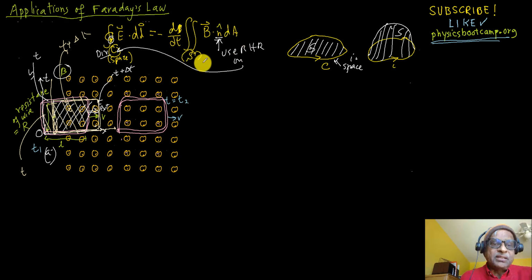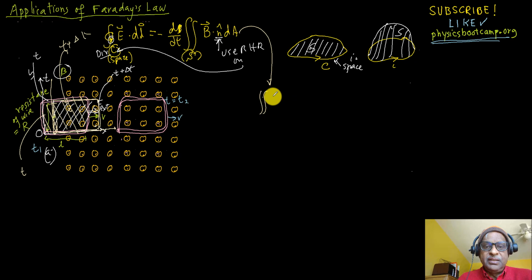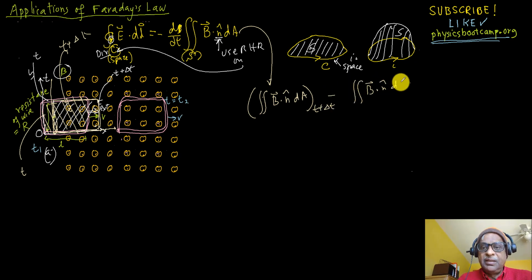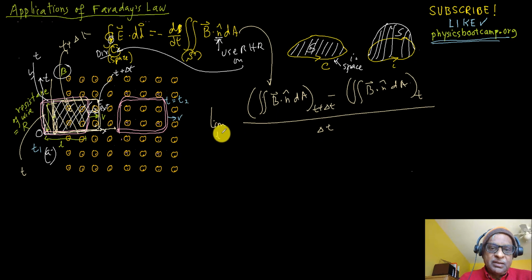And so the right side, what I'm going to do is the integral of B dot n hat dA at t plus delta t, and then the same integral of B dot n hat dA at t, divided by delta t, and take the limit as delta t goes to 0. So that's the way the right hand side is going to be, and then a minus sign for that.